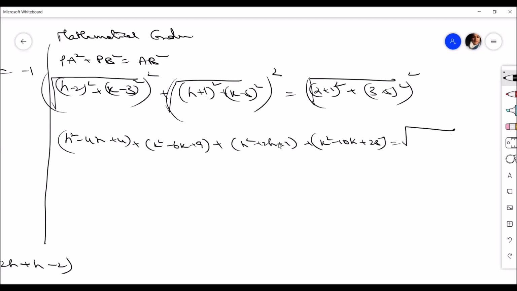So you don't have to put the square root. That will be 3 square plus 2 square, which is equal to 13. Clear, everyone?